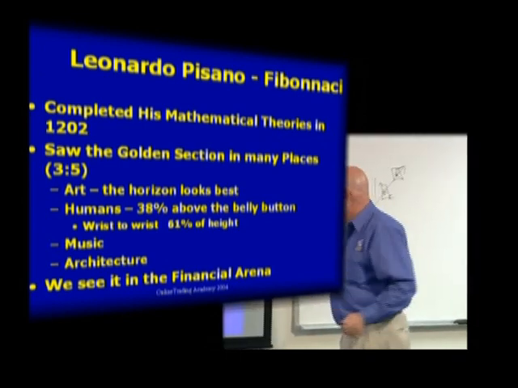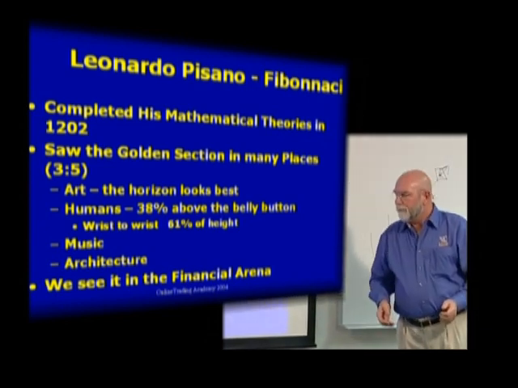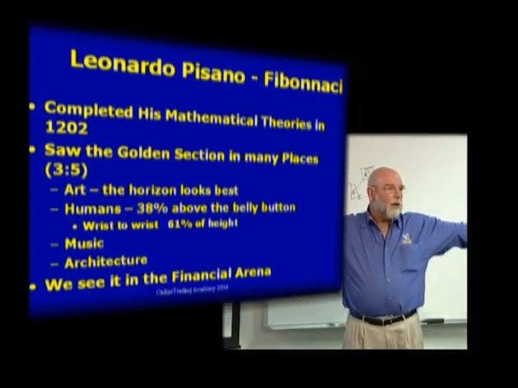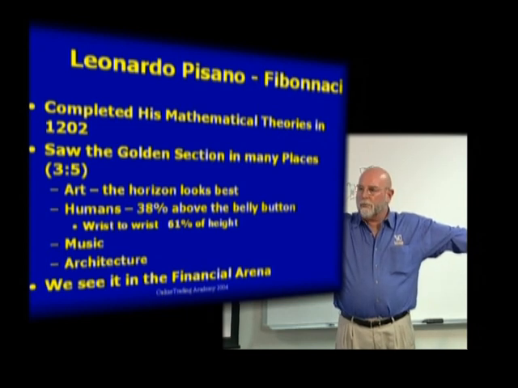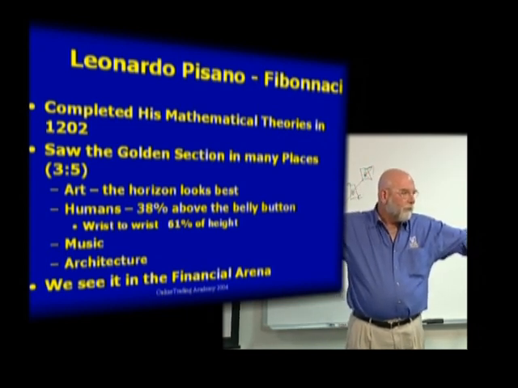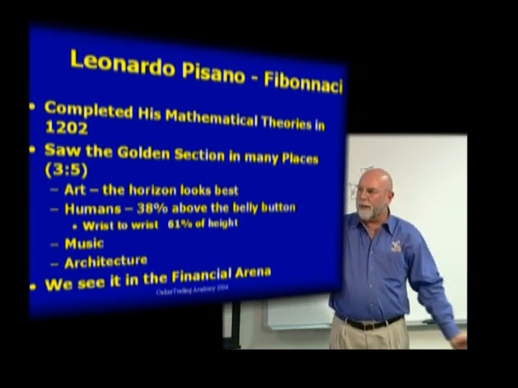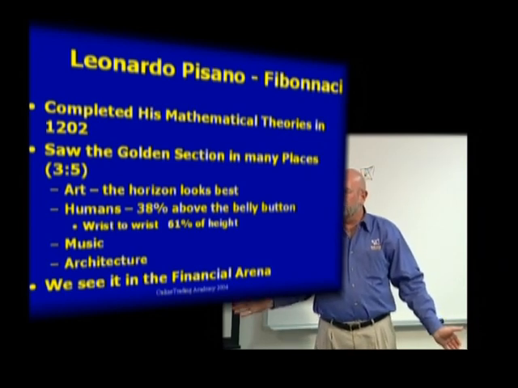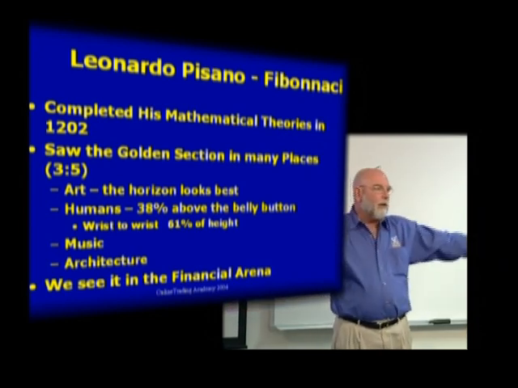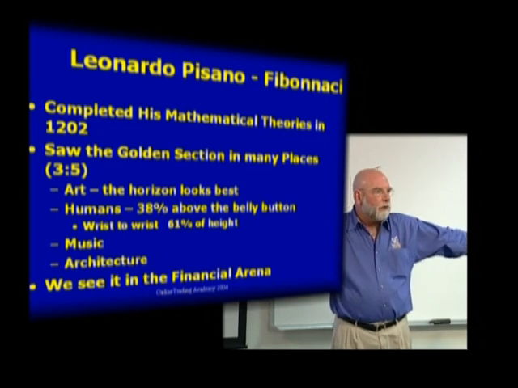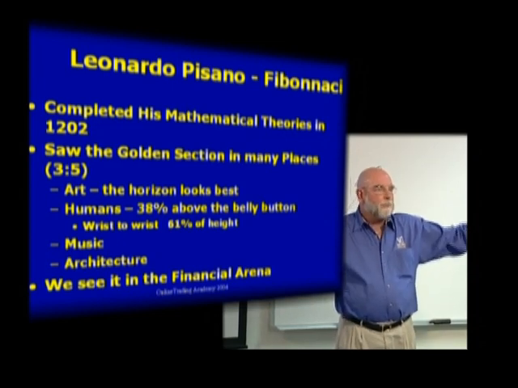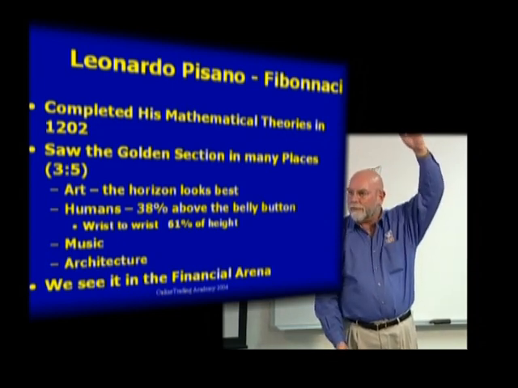But Fibonacci also noticed some other things, already. The men of the time in the Mediterranean era, from wrist to wrist, that distance was usually about 61.8% of their total body height. The lowest branches on the olive trees were 61.8% of the total tree height.